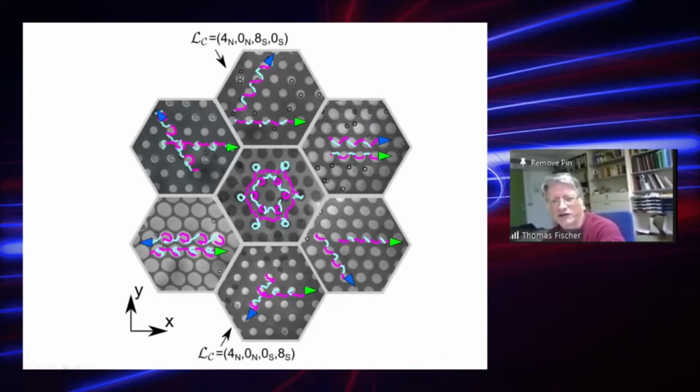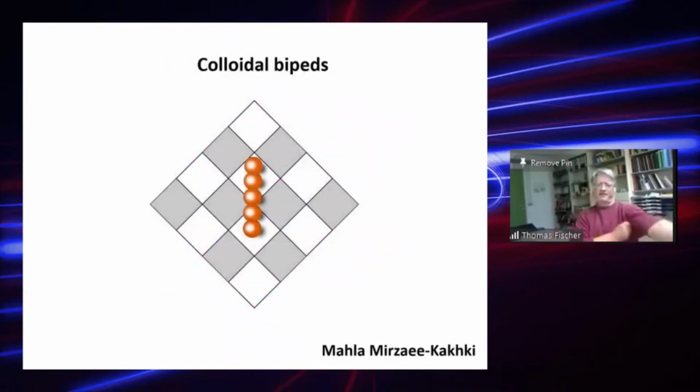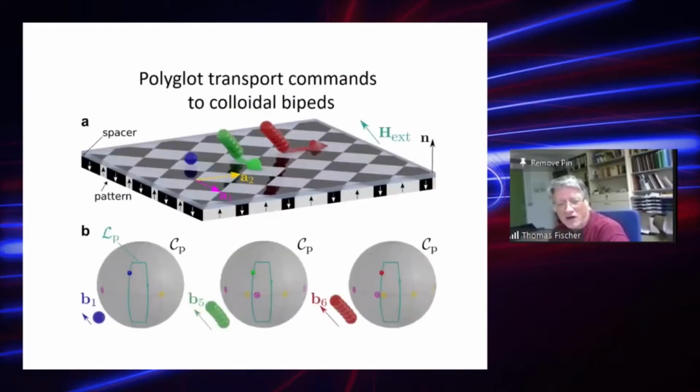We can transport all the green particles in the right direction and the blue particles in any direction that we want. What I want to talk about now is what happens if we don't have a point particle or a spherical particle, but a colloidal biped, which is, so to speak, a stick that self-assembles in a magnetic field. For that, we can have sticks of different lengths.